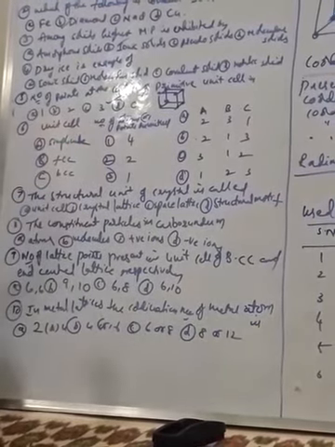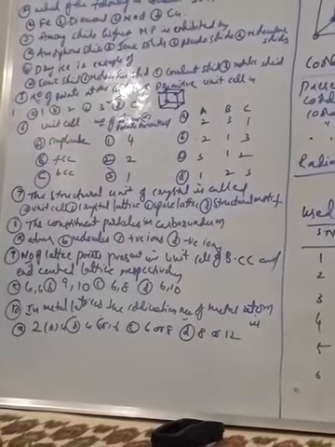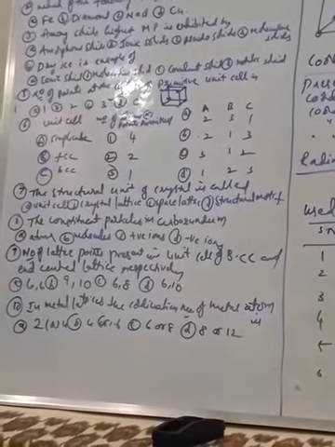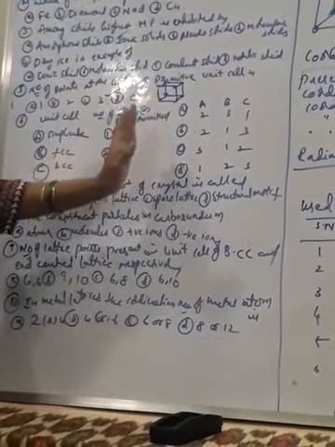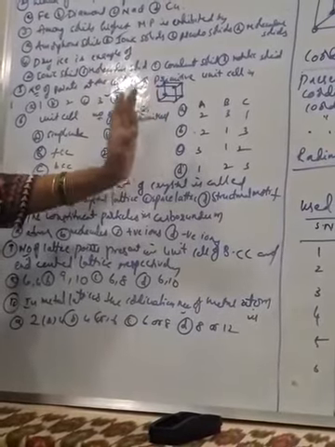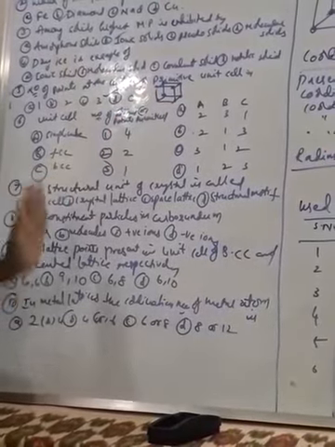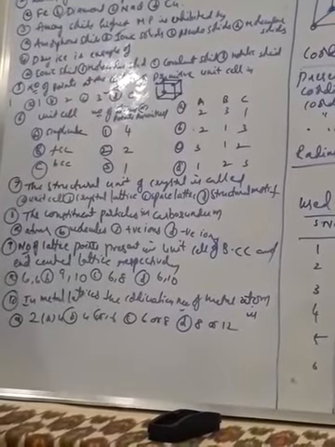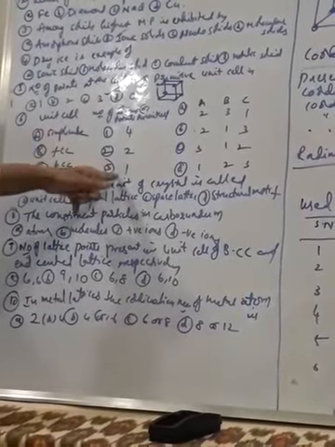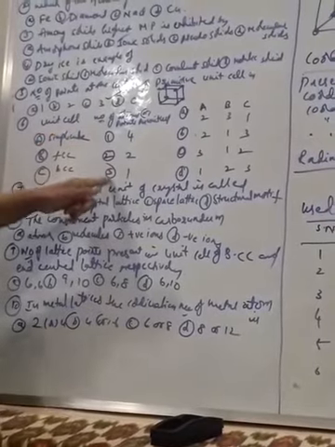Why? Because it contains 8 corner points, and out of the 8 corner points, only 1/8 part of each corner point belongs to a particular unit cell. That's why 1/8 into 8 is equal to 1.